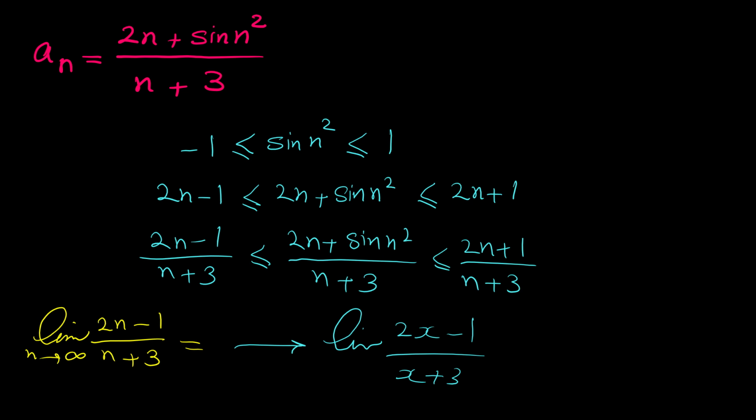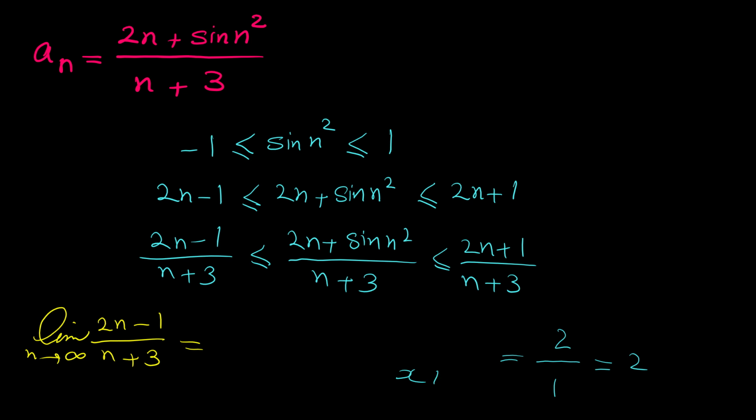You cannot take the derivative of a variable when that variable is an integer. This is completely wrong in mathematics. So write in terms of x, then take the derivative. What is the derivative of the numerator? This is the L'Hopital method, if you remember. The derivative of the numerator is 2, the derivative of the denominator is 1, so the limit is 2. So this is another way for finding the limit of this sequence.